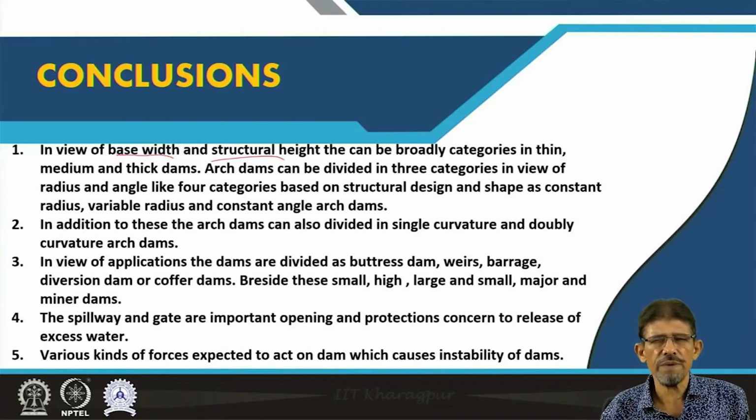Coffer dam is very important because this dam facilitates the movement of people, technical and skilled persons, then transportation of material, then diversion of tunnel, diversion of river for clearing the site, etc. Based on technical specification, dams can be divided as low, medium, high, major, minor, etc.